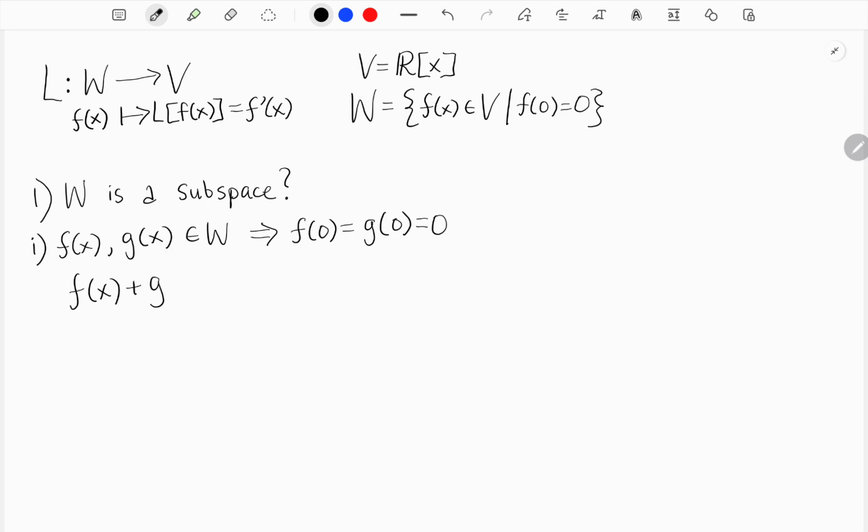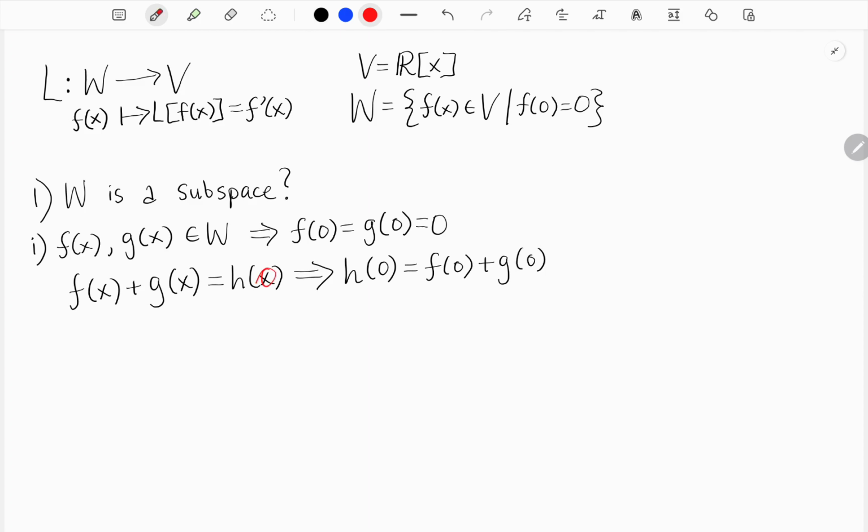Well, let's see. We know f of x plus g of x is a polynomial, but in order for it to be in W, its value evaluated at x equals 0 must give me 0. So if I call this h of x, is it the case that h of x is in W? This implies that if f of x plus g of x is equal to h of x, then if h of 0 is equal to 0, all of this is in W. So h of 0 is equal to f of 0 plus g of 0.